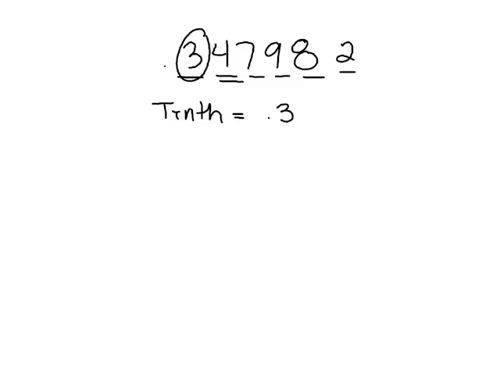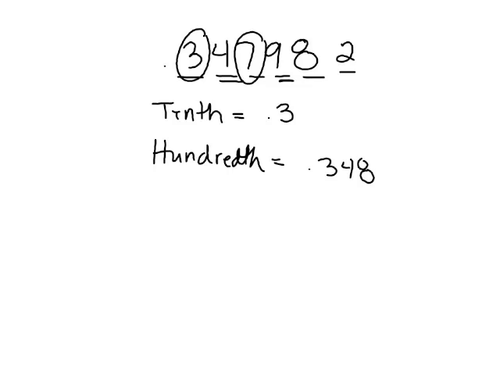If I round to the nearest hundredth, so there's my hundredth spot. Do we round up or down? Okay, we've got a 9, so we're going to round that up. It would be 0.348. That would be our nearest hundredths. Okay.